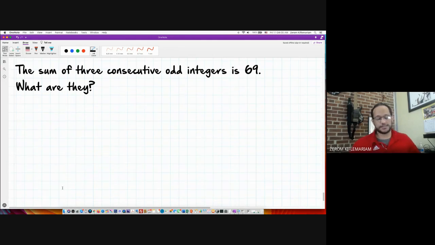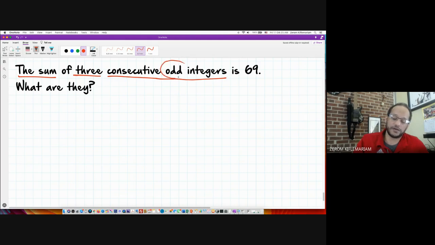So similar to what we just looked at earlier, again, we are looking at sum, and they are three, and we know they are consecutive, but this time we know they are consecutive integers that are odd, and all, I hope I didn't make a mistake, and the answer would be 69.